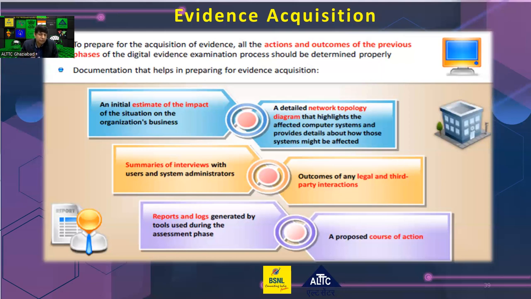Next for acquisition: summarization of interviews with the user and system administrator, outcome of any legal and third party interaction, and the final acquisition report and logs generated by tools used during the assessment phase. So a proposed course of action as per your experience, knowledge, or due to the situation.